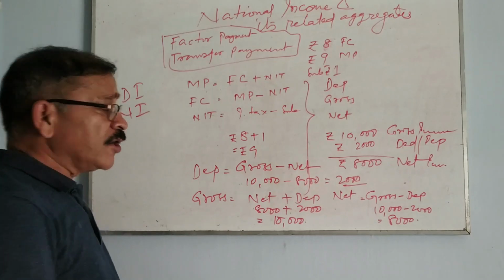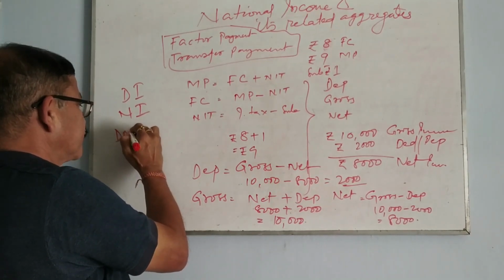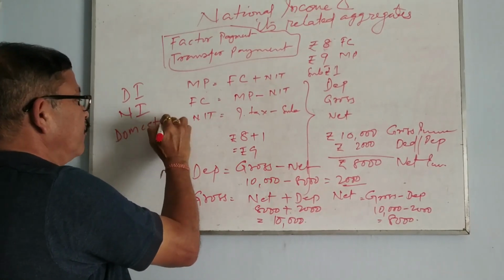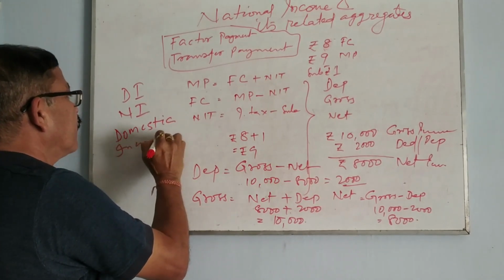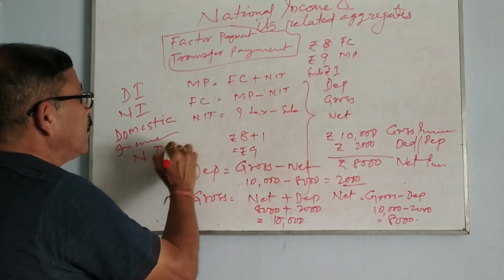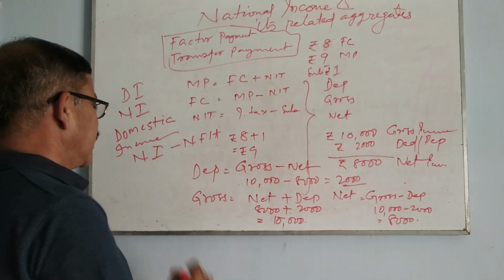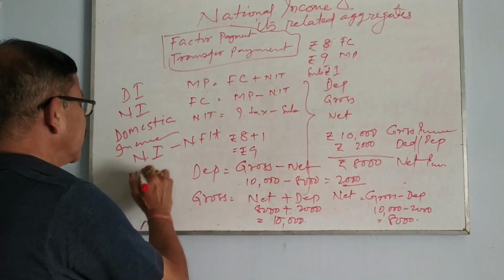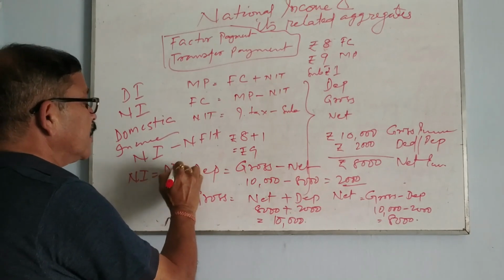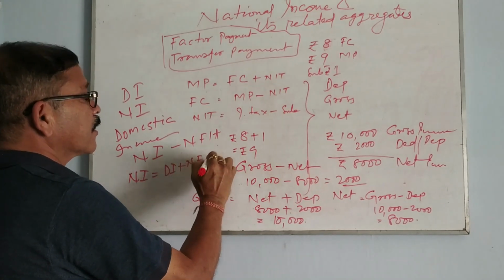If you want to find out domestic income, what you have to do is national income minus NFIA. If you want to find out national income, then domestic income plus NFIA.